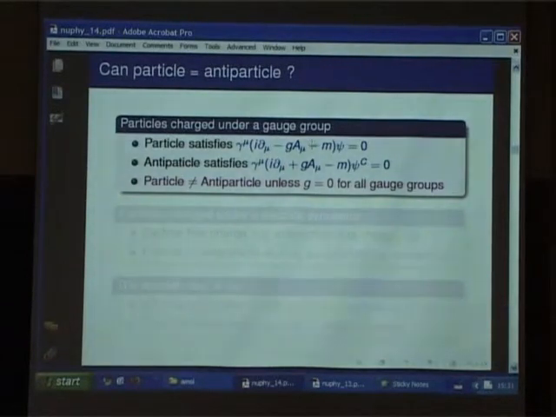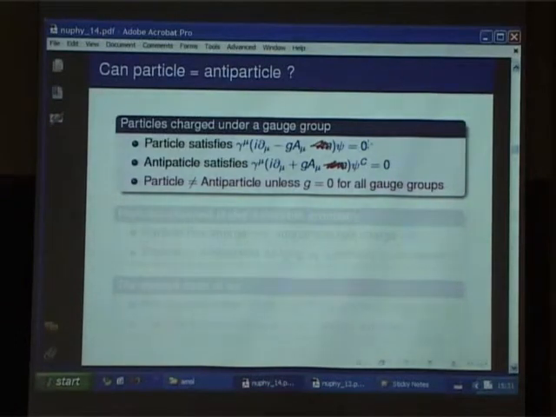So again, let me just get rid of this n for the moment. Let's try to address the question of whether a particle can be its own antiparticle or not. Let's take the Dirac equation for the particle, which is gamma mu (i del mu minus g A mu) psi equal to 0.